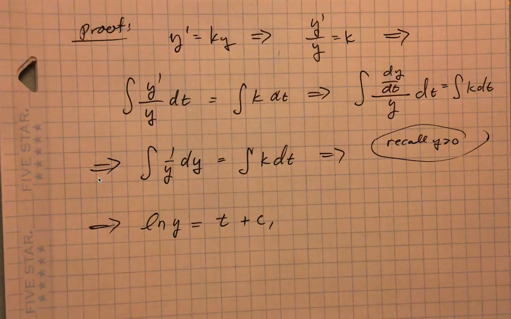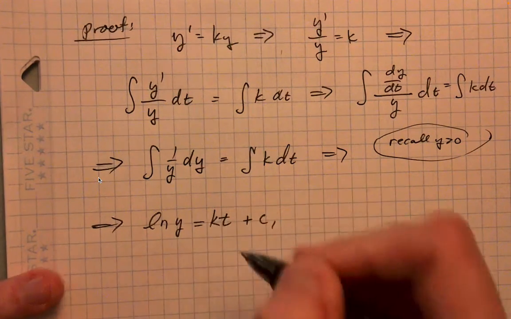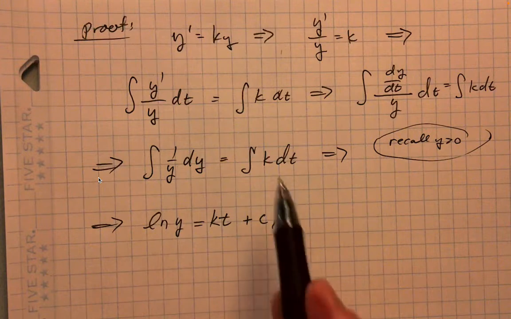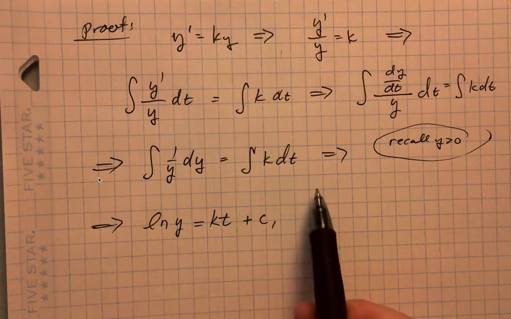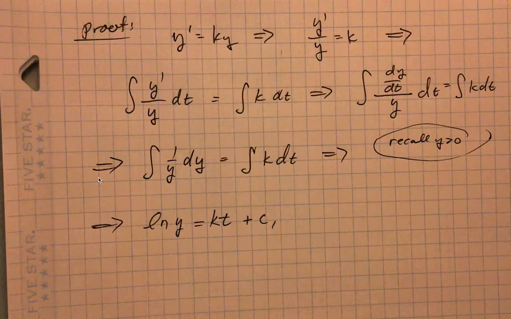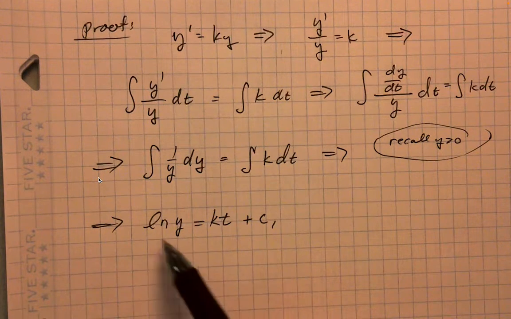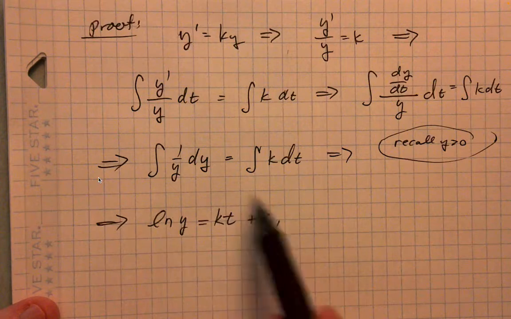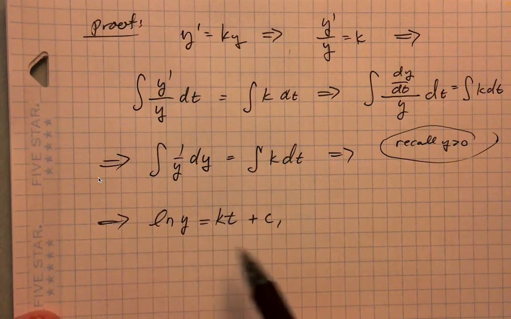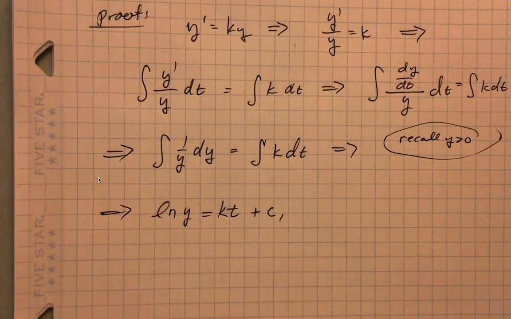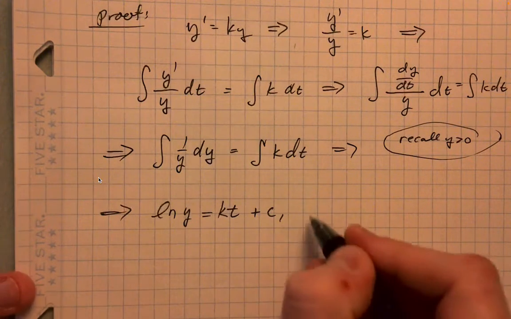Just put c1 there. So you've got the constant, and then the integral over here with respect to t is just k times t. Okay. So now we've got this equation that has no derivatives in it, and so this is, quote unquote, a solution, but we could clean it up a whole lot.